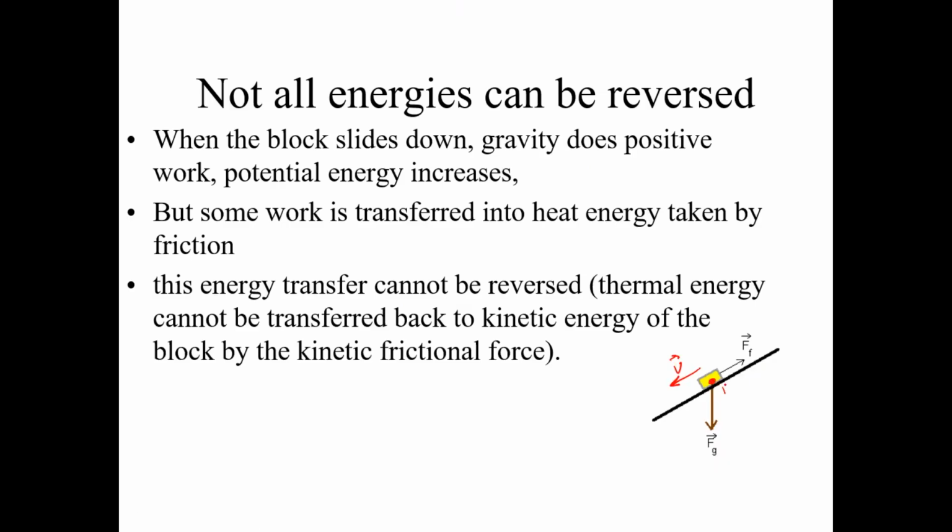So let's say the block goes from point A to point B. As this block moves downwards from A to B, the work done by gravity is positive, and U is going to be decreasing because the height is decreasing. So the potential energy is decreasing.